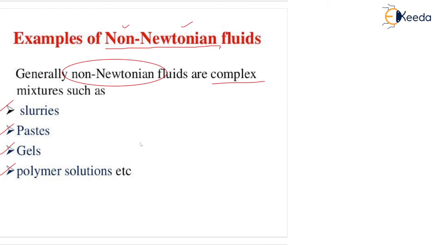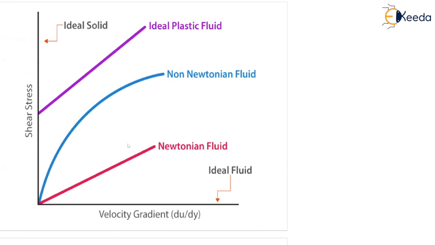Okay, let's go to the next slide. Here you can see a graph of shear stress versus velocity gradient du by dy. On the y-axis we have shear stress, that is tau, and velocity gradient, that is du by dy, on the x-axis.